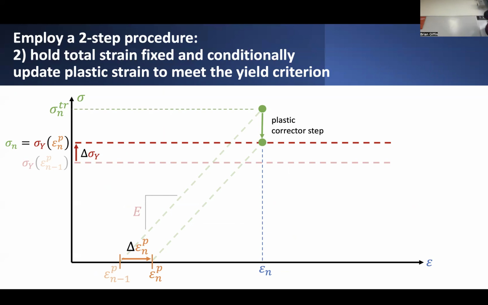At the same time, however, if you have some dependence of the yield stress on the total plastic strain in the material, as with isotropic hardening, this yield bound might be increasing. So technically speaking, while you're trying to reduce the total stress by advancing plastic strain, the yield stress might be increasing. So they're coming to meet each other in some sense.